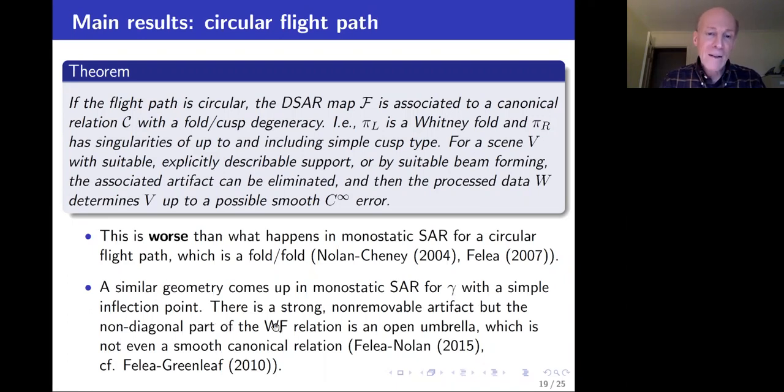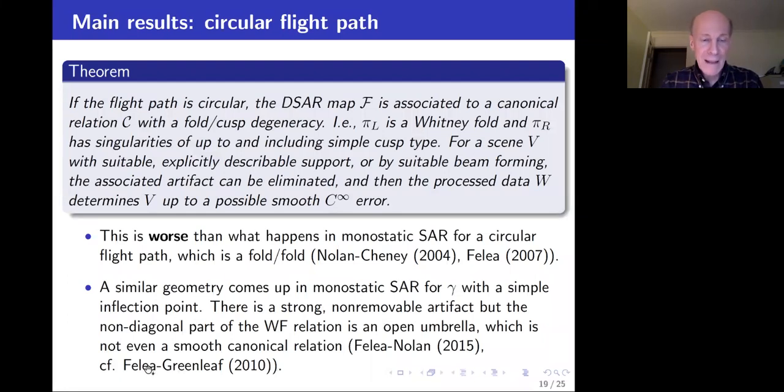But the non-diagonal part of the wavefront relation is an interesting kind of object. It's an object called an open umbrella, which has been studied in symplectic geometry. An open umbrella is basically the simplest kind of non-removable singularity that a Lagrangian manifold can have. And this has come up before.